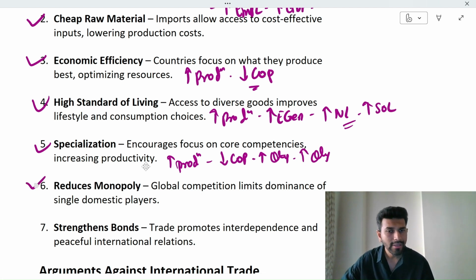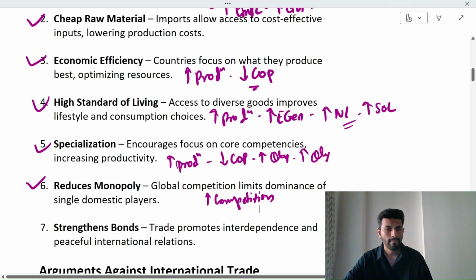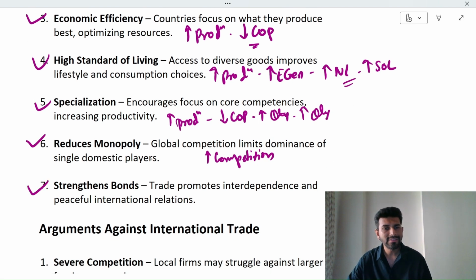Next, reduction in monopoly in the domestic market. International trade opens doors for competitors, so there will be an increase in competition and reduction in monopoly. Next, strengthens bond between different countries. For example, India has provided services to neighboring countries during natural calamities.